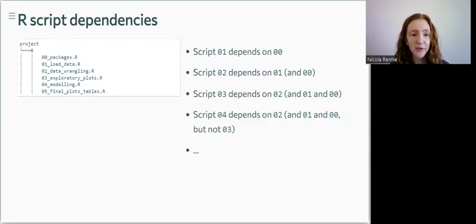So here, script 4, the modeling script, depends on script 0, 1, and 2, but not 3. Okay? You don't need to rerun the code that makes a histogram before you can rerun the lm function, for example. Now, this is something that's useful to write down in a README file. If you ever need to rerun parts of your analysis, this will help you to figure out which bits you need to rerun.